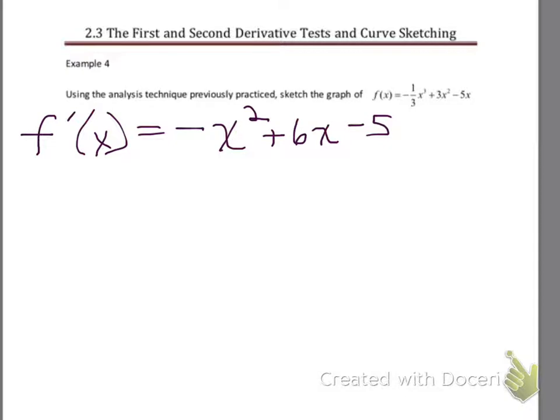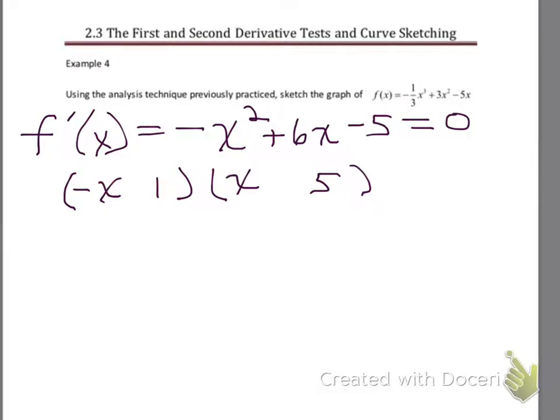If I take this and set it equal to 0 and factor, don't change the signs. It'll completely mess up your analysis. So factor with that negative, even though we're not accustomed to doing that. I'm going to put the negative here, and then this one will be positive. My numbers will be 5 and 1 because that will get me what I need.